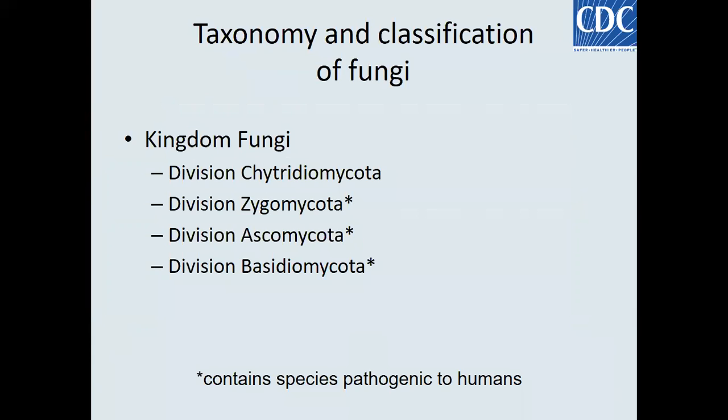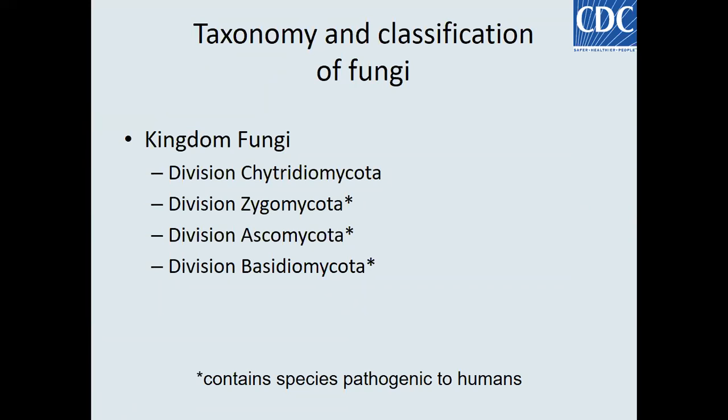I'm not going to talk too much about classification. Fungi are kind of in a state of flux as far as their classification. As DNA sequencing is now available, they're working on sequencing all of the fungi to compare their sequences, to be able to classify them more accurately.